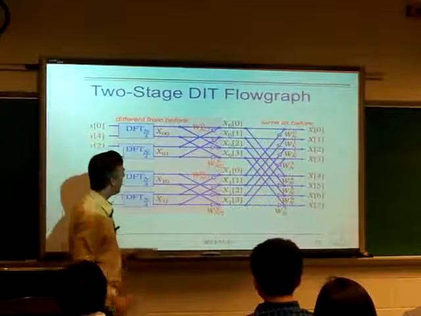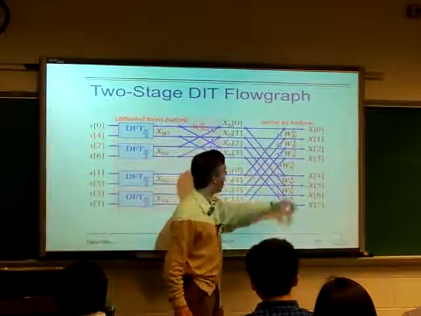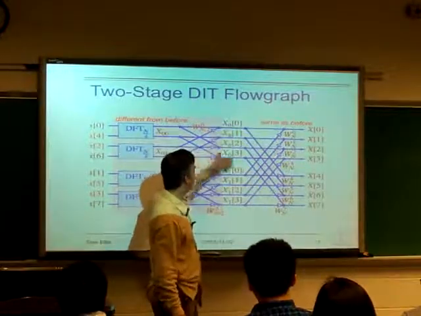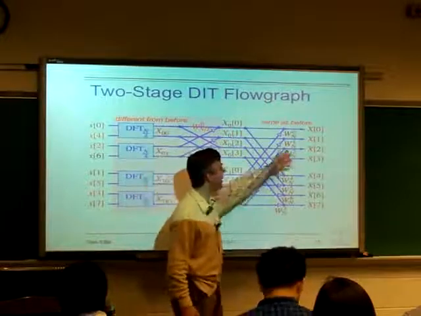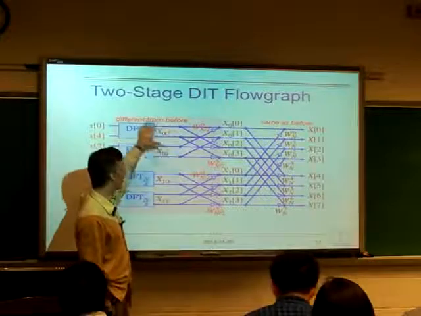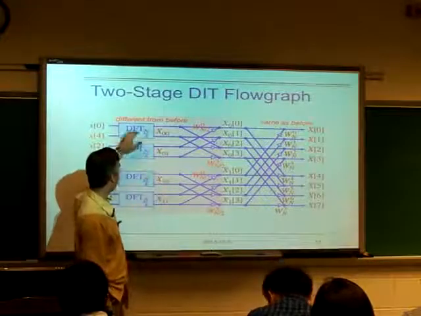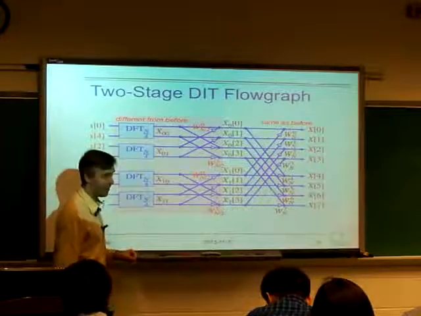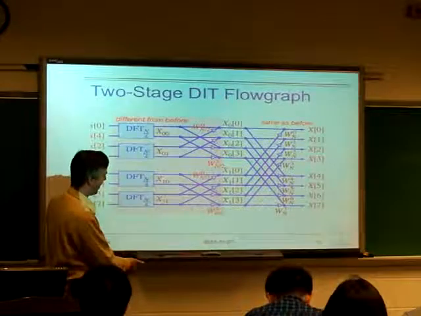What does that look like? Well, here's the flow graph we had from before, where we take these two 4-point DFTs and then combine them to get our 8-point DFT. But here now we've replaced our two 4-point DFT structures with 4 2-point DFT structures, because N/4 is 2.